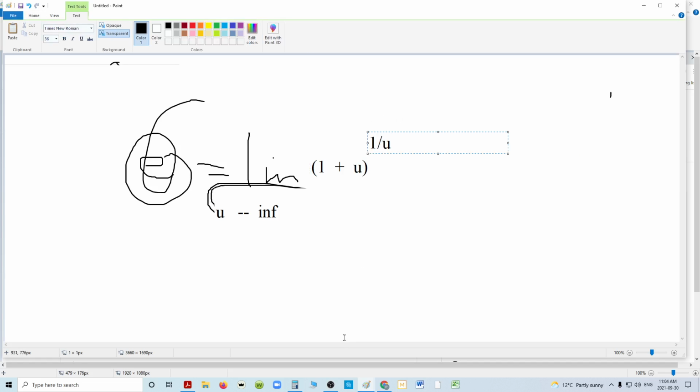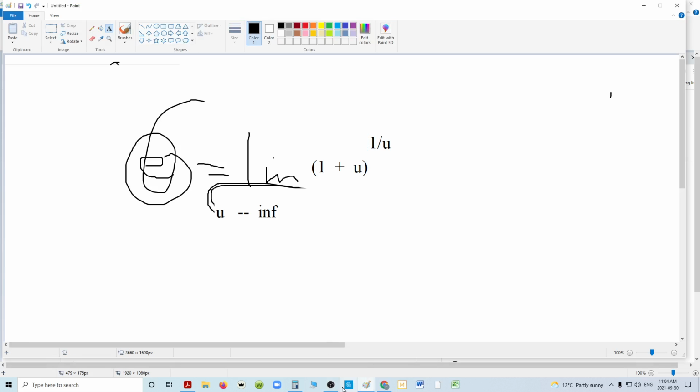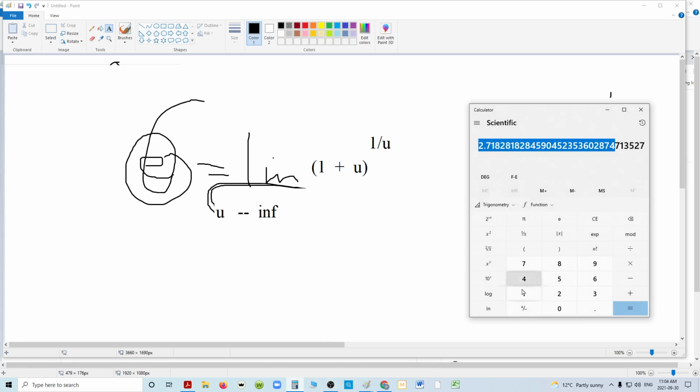Let's put that into our calculator and see if that works. Let's take 1,000 for u. 1 plus 1,000, we get 1,001. And we're going to put it to the exponent of 1 in brackets, 1 divided by 1,000. Close brackets. I'm going to hit equals.